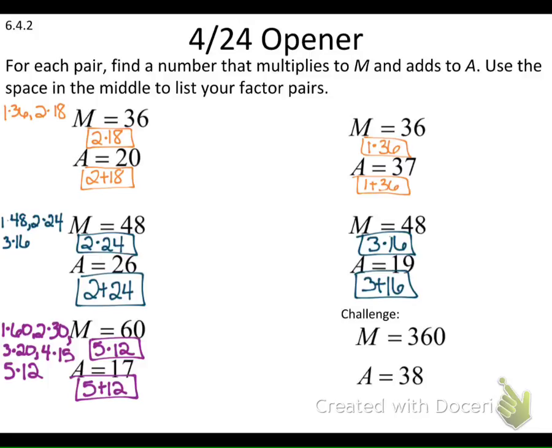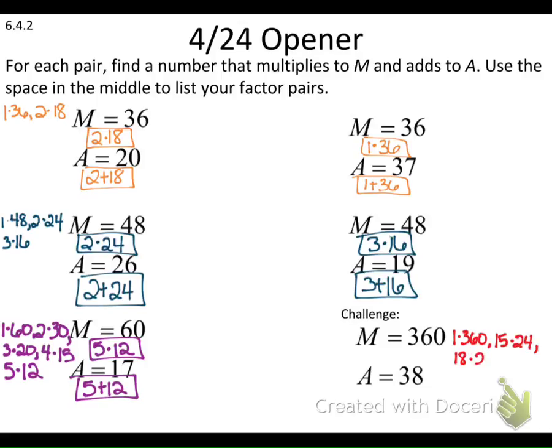All right, now we got a challenge. Did anybody figure out our challenge number? Awesome. Okay, did anybody do all the factor pairs from 1? Brianna, will you name them off for me? 1 times 360. 15 times 24. 18 times 20.